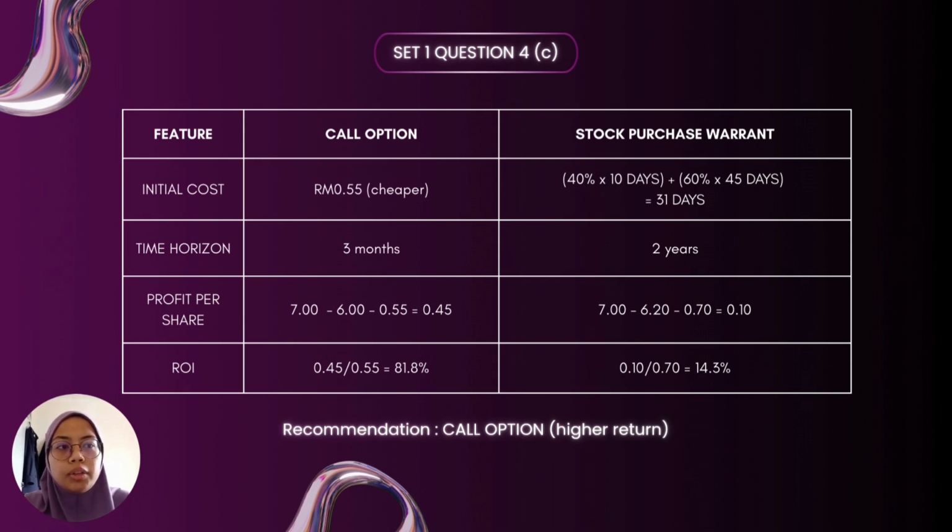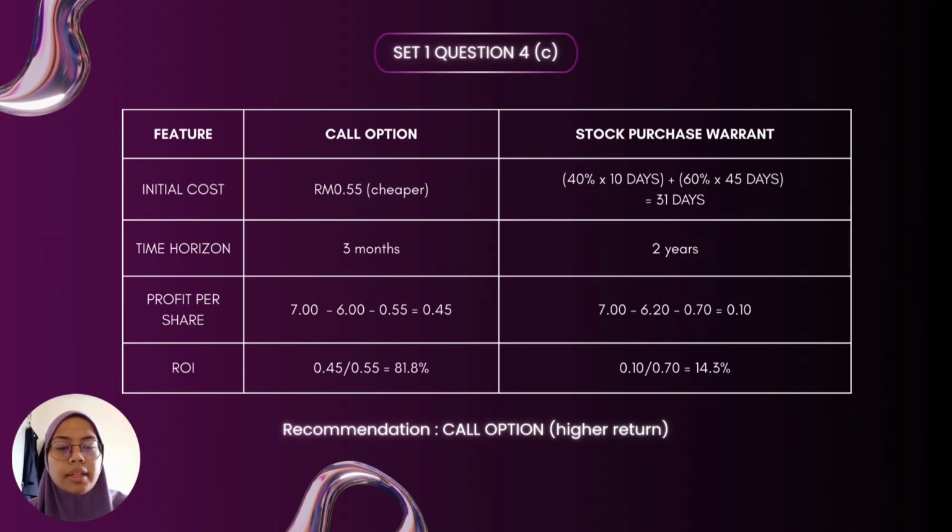Next, I will continue with question 4C. For the investor who is expecting the price to increase or hit 7 ringgit in the next 3 months, for the call option, the initial cost is 55 cent, which is cheaper than the stock purchase warrant.